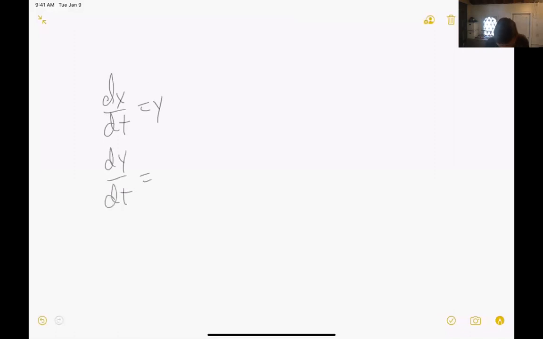All right, problem 18. We've got this system. Rearrange my work surface here. Here we go. We've got this system: dx/dt equals y, and dy/dt equals x squared minus a.